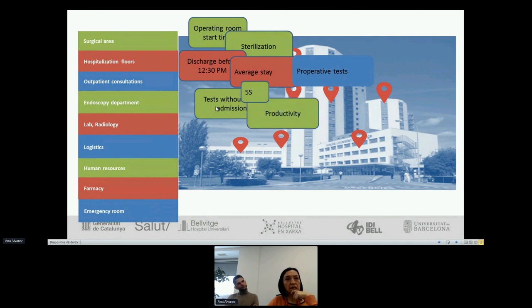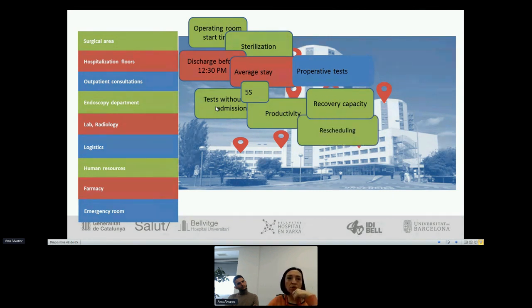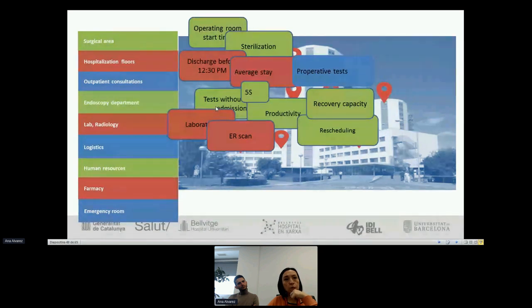5S exercise, improving productivity, improving the recovery capacity, trying to reduce the rescheduling, that was really important in this area. We've been working in the laboratory, in the emergency room scan. A few months ago we started a big project in prosthesis logistics, where there is a big amount of money that we have to try to make more efficient, and first of all, the traceability of the prosthesis.